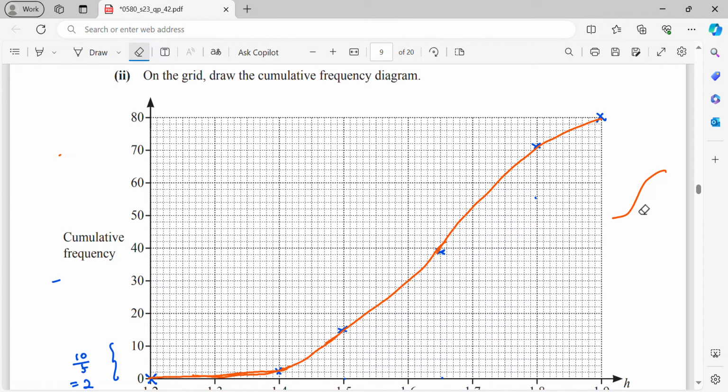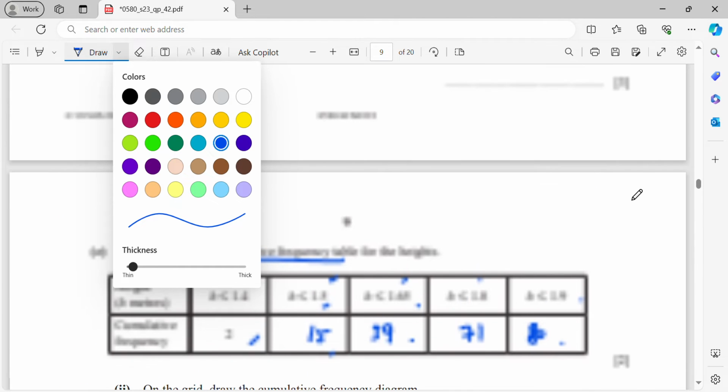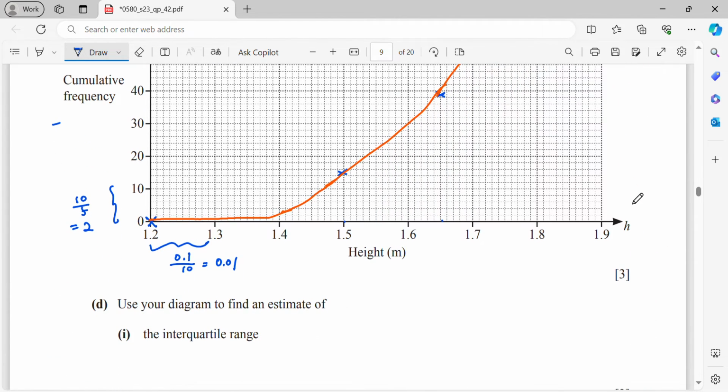Alright, just try your best to draw a smooth curve. Okay, so now this is the graph. Okay, let me mark the points first. When 1.4, I get 2, so it should be here.